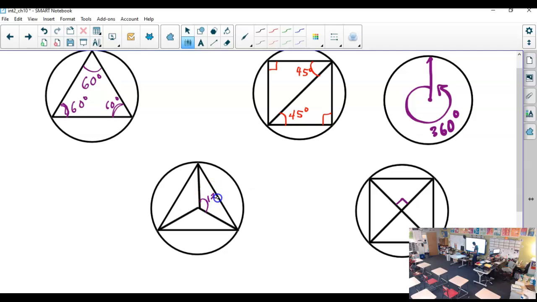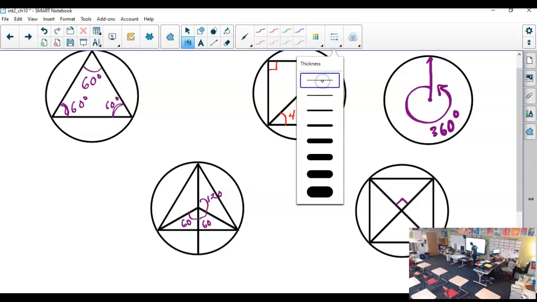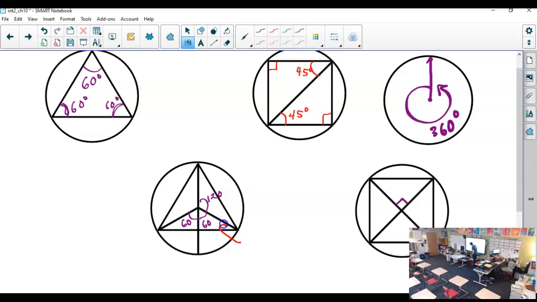If I extend that line, it's just going to cut it in half, and those will be 60s. It's a 30-60-90 triangle. So we know a 30. In here is 30.